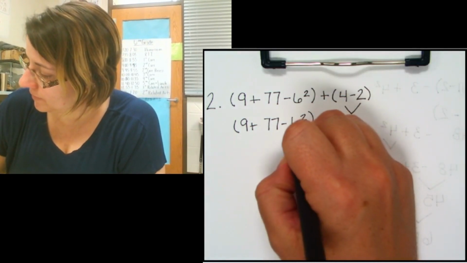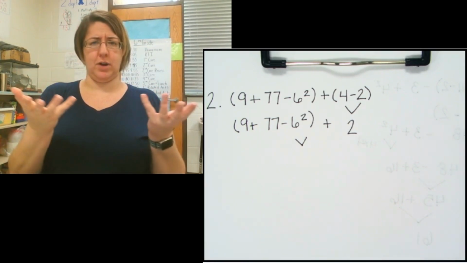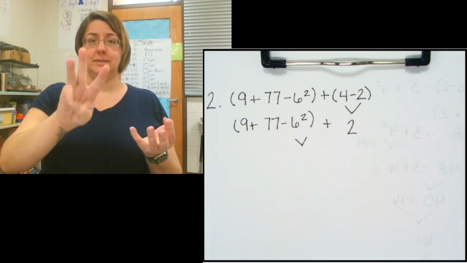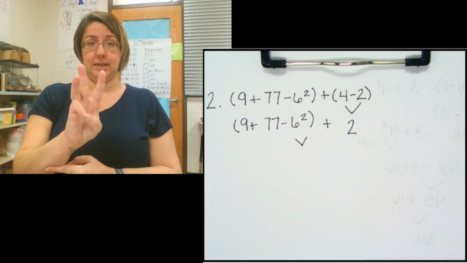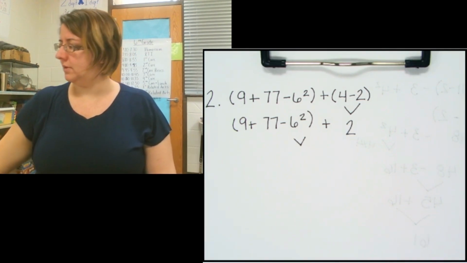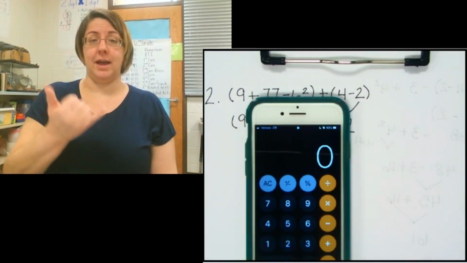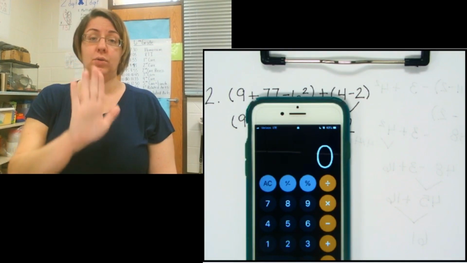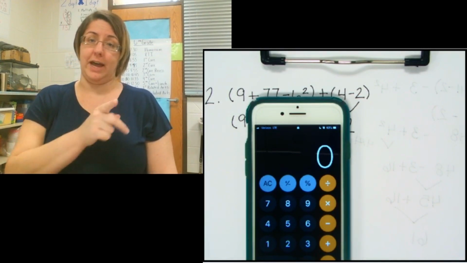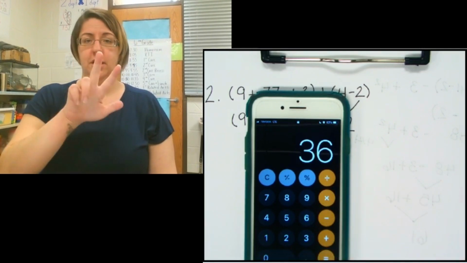So, 6 to the second is what? It's the same as 6 times 6. What is 6 times 6? Now is when you need to know your multiplication facts. 36.